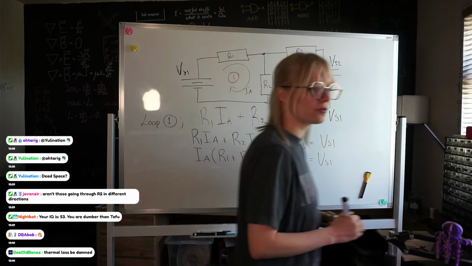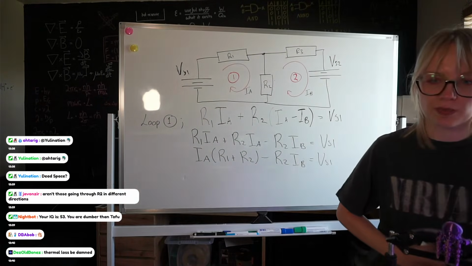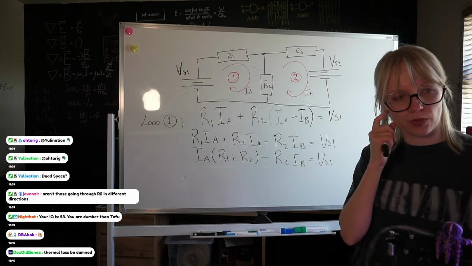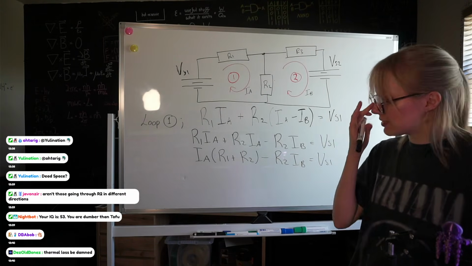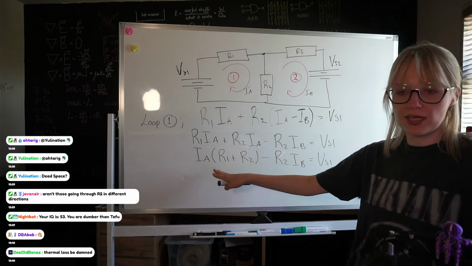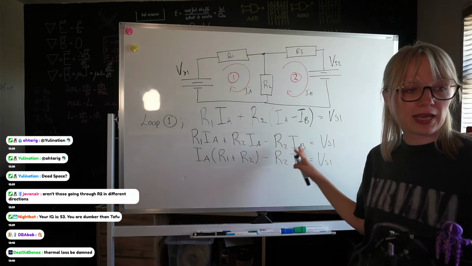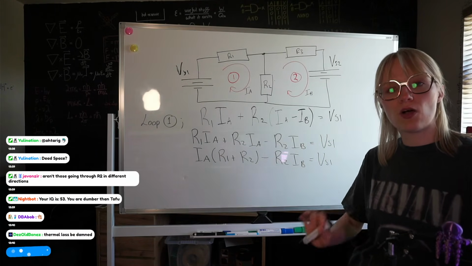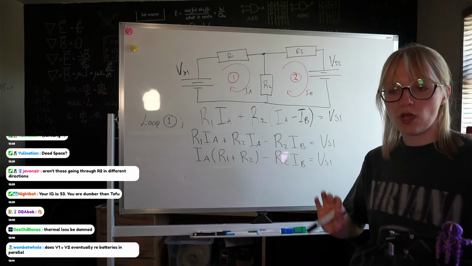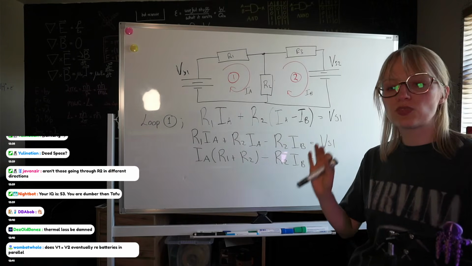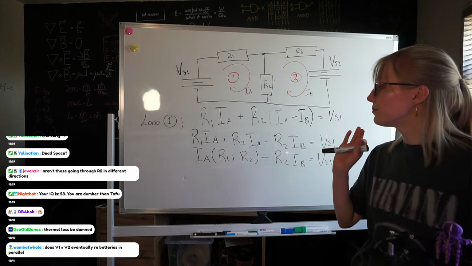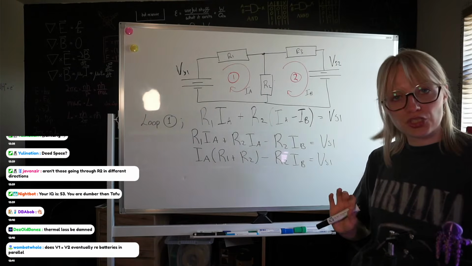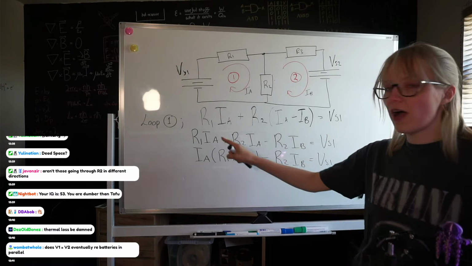Now, why did I do it this way? You might say, well, Tofu, it's just the same equation. You just rearrange a couple of things and it is what it is. Well, the idea is that I'm actually prepping to have an isolated term for IA and an isolated term for IB. Because remember, this theory is called current loop theory. What we're trying to do is get a relationship of IA and IB.